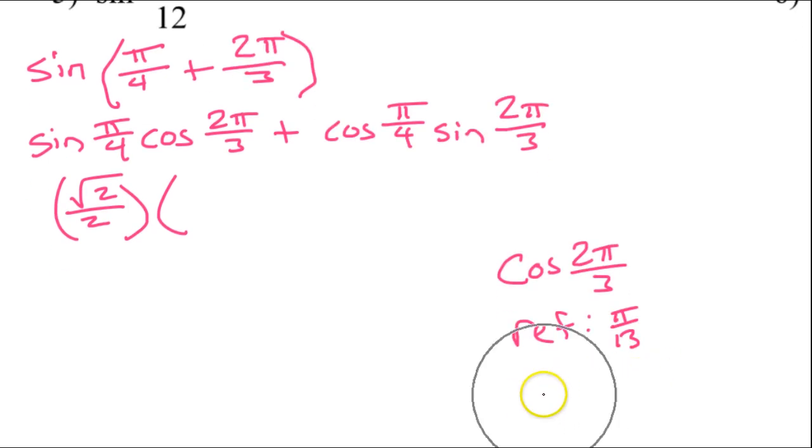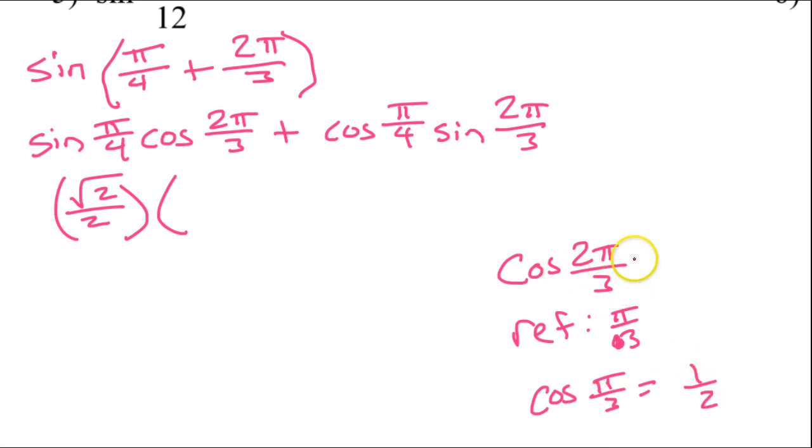So I ask myself, what is the cosine of pi over 3? The cosine of pi over 3 is 1/2. That means the cosine of 2 pi over 3 is either 1/2 or negative 1/2. Now, the way I will know whether it's positive or negative is based on the quadrant.